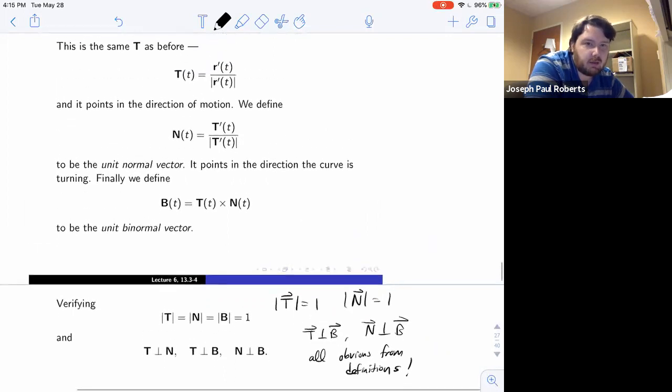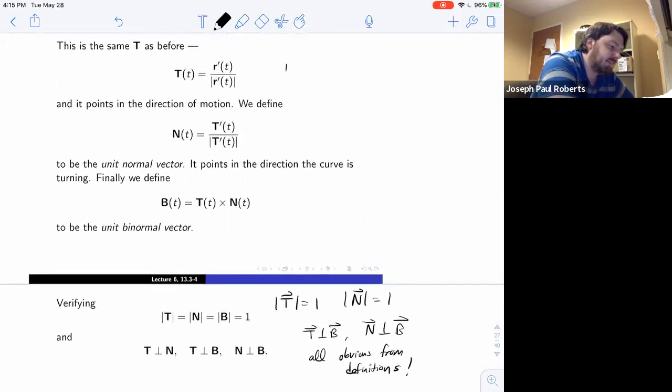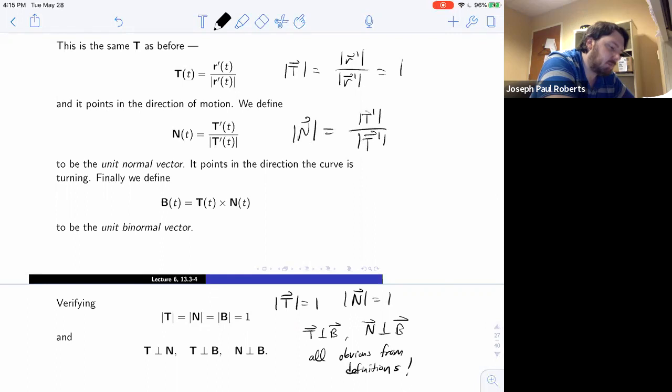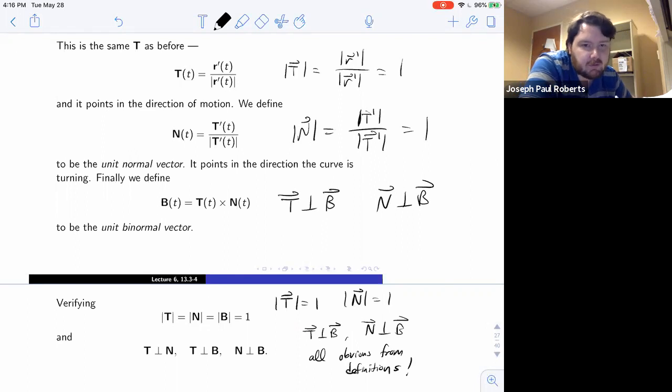So why is that? The length of T is the length of R prime over the length of R prime, which, yeah, that's 1. We've defined T to be a normalized vector, so it has length 1. Similarly, N is T prime over length T prime, so when I take the length, I still get 1. And then remember, the whole point of the cross product is it gives you something that's perpendicular to the two things you crossed. So since B is T cross N, T and B are perpendicular, N and B are perpendicular.